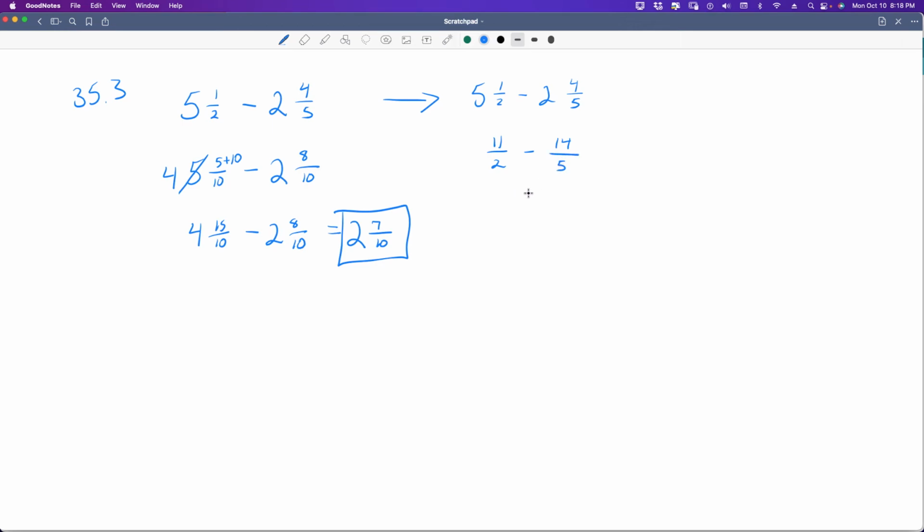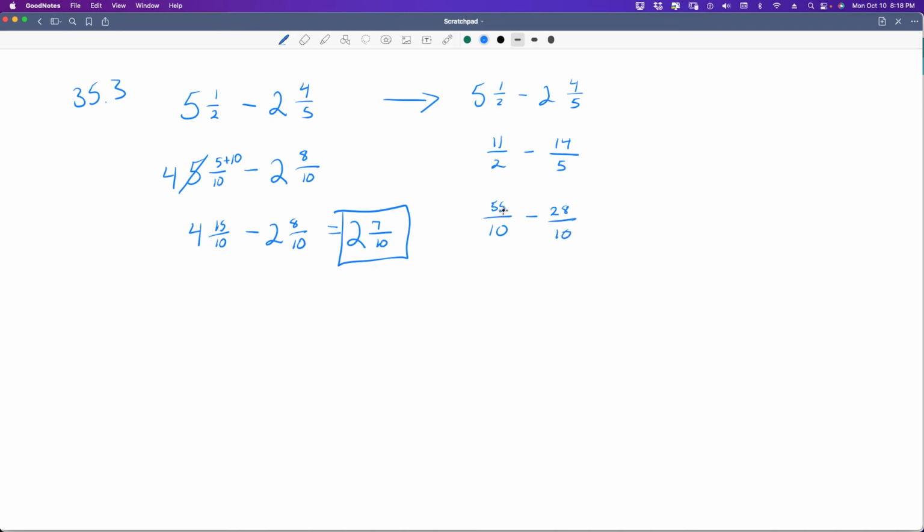Okay, we have to keep the right denominator. But because they don't have the same denominator, we still have to multiply by the opposite denominator. So this would be 55 over 10 minus, and 2 times 14 would be 28 over 10.